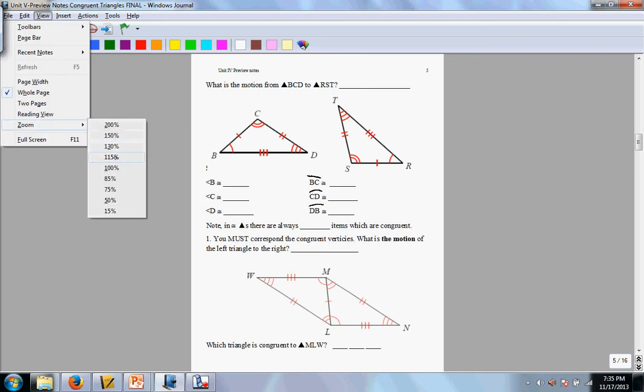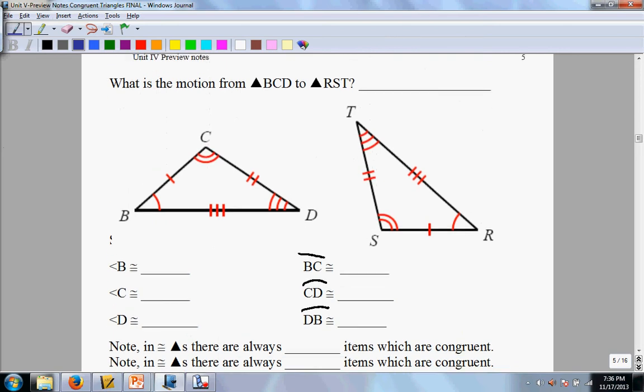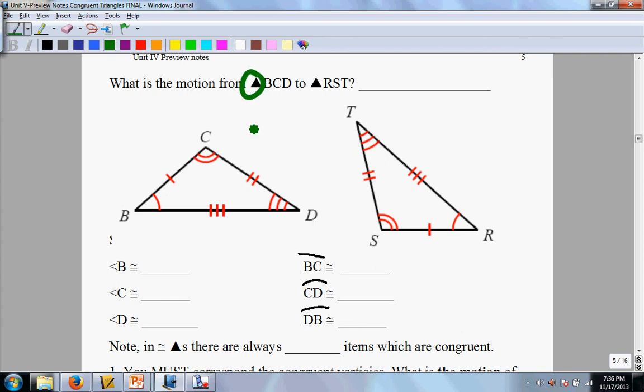When you take a triangle and you put it through one of those 3 motions, you're going to create congruent triangles. For example, we have this triangle over here on the left. Triangle BCD.